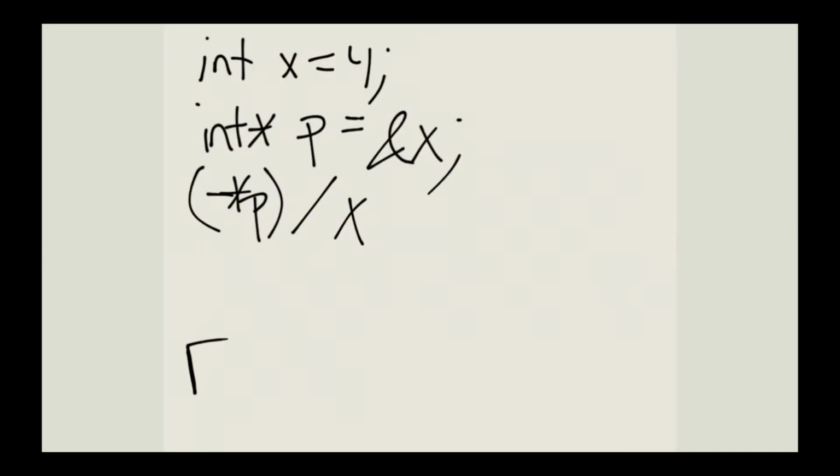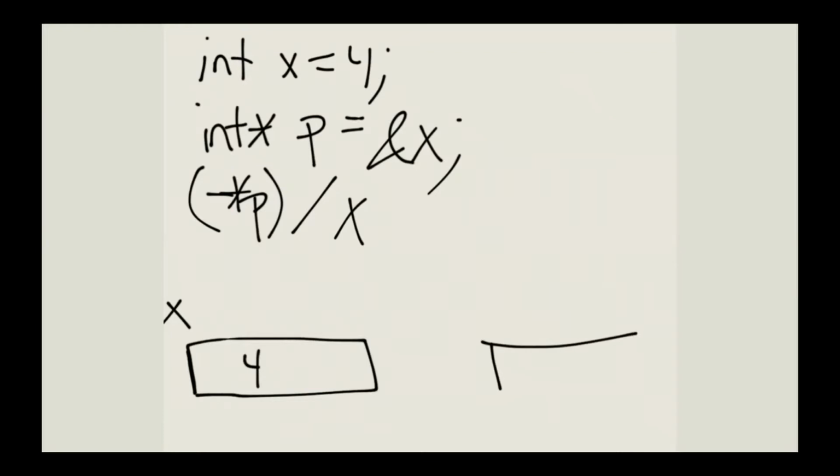Yeah, so if we look at it, it can be very useful to draw out the diagrams where this is a little box of memory for x, which happens to have the value 4. Then we have a little box of memory for p. And so p points to x, so we draw an arrow from p to x.